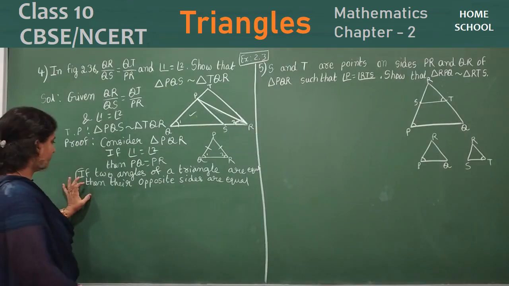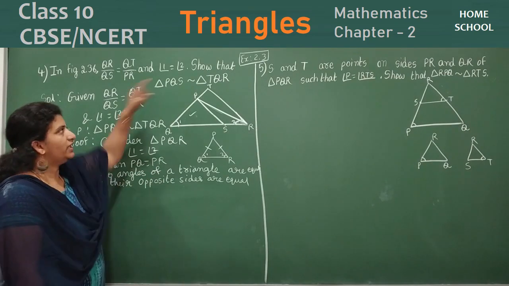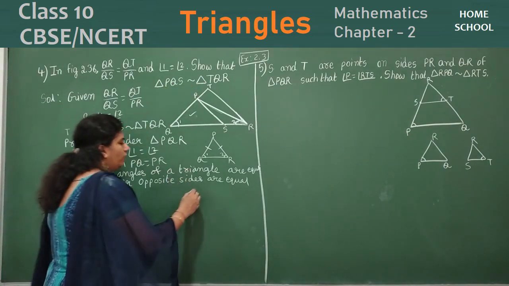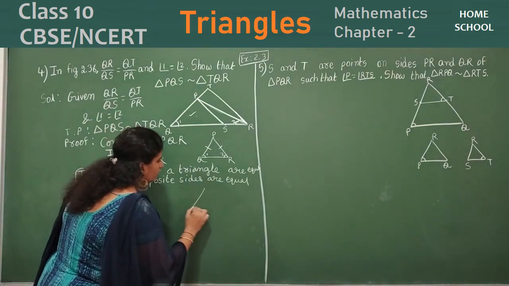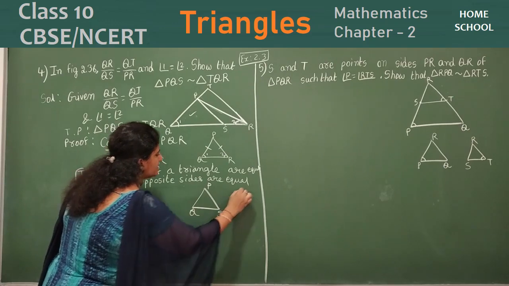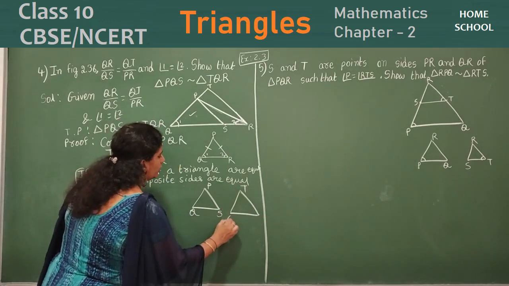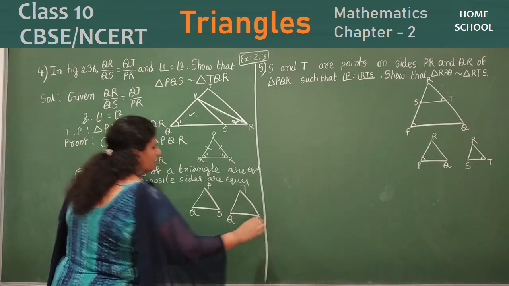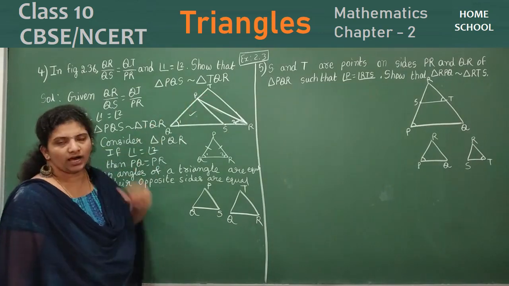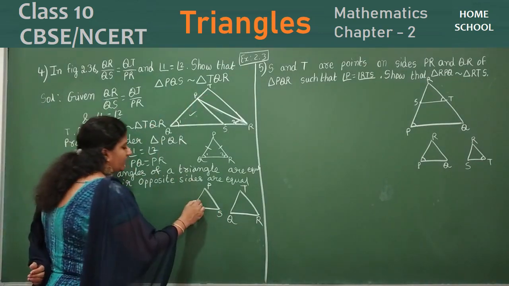Now observe here carefully. So now after this statement, what we need to do? We need to try to prove these 2 triangles are similar. So we are going to take a rough figure here. What is that? PQS and one more triangle TQR, right? So PQS and TQR are the 2 triangles. So what did they give here?